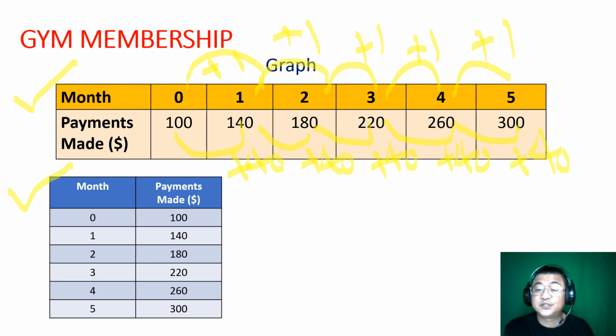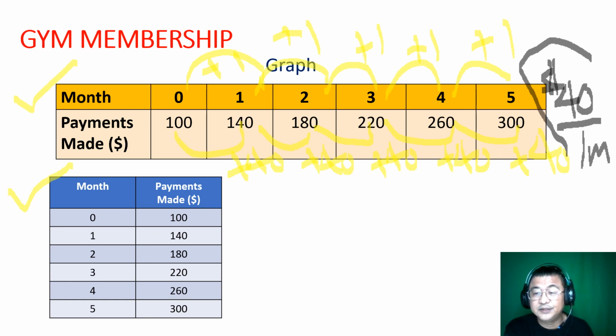So we're consistent with the pattern. And usually you make a ratio out of it. How do you make a ratio out of it? You make it $40, money is on top, over 1 month. Okay? 40 per month. That's your unit rate.